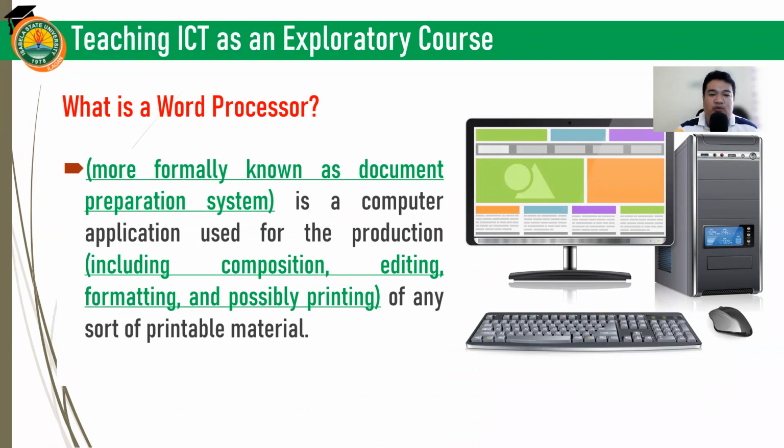So word processing is the process of creating a certain document or report containing words or text using a word processor. A word processor is a computer application that is used to perform word processing.